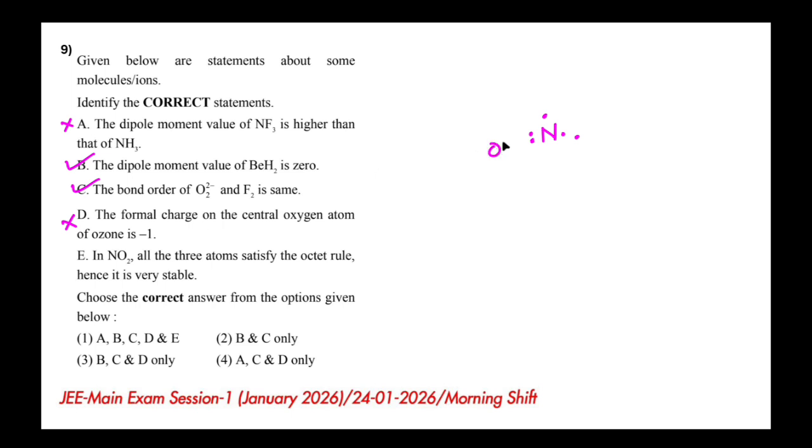Here is 1 oxygen, and the oxygen has 3 lone pairs. Here is another oxygen, which also has 3 lone pairs. So the nitrogen is surrounded by how many electrons? 1, 2, 3, 4, 5. So here bond formation. This is a bond, and this is a bond. So we can write the NO2 molecule like this.